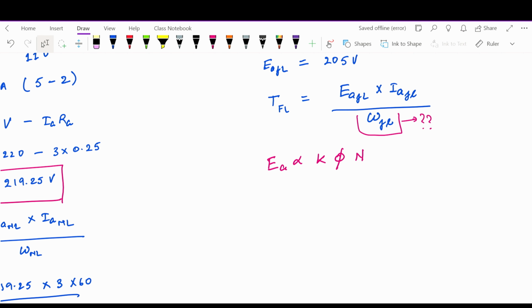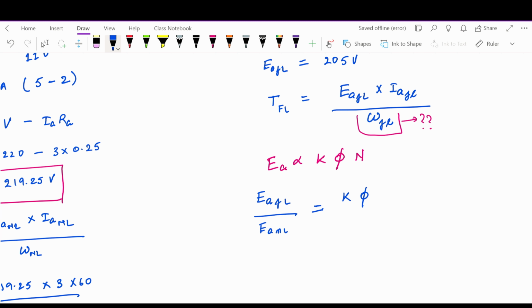Flux is constant with load because the machine is shunt type, so the field will remain the same. Now we have two equations. Similarly we can write EAFL upon EANL, which is K phi.